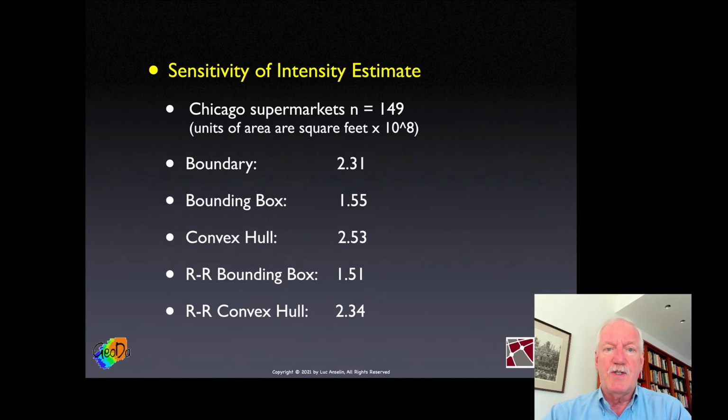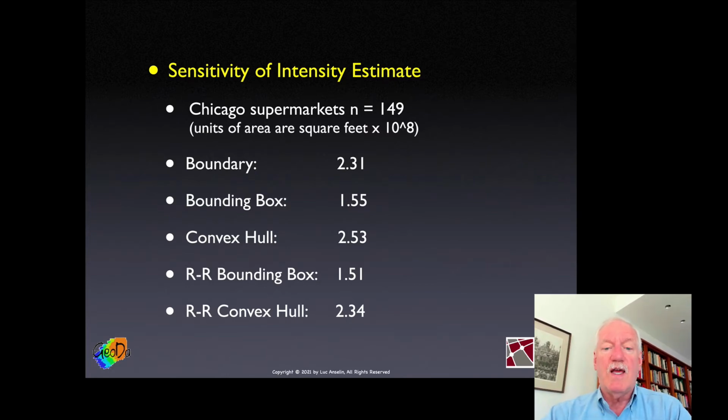And we see the results in this slide. So for the actual boundary, the intensity, the average number of points per unit area, is 2.31. For the bounding box, it's much lower. It's 1.55. Now, why is that?